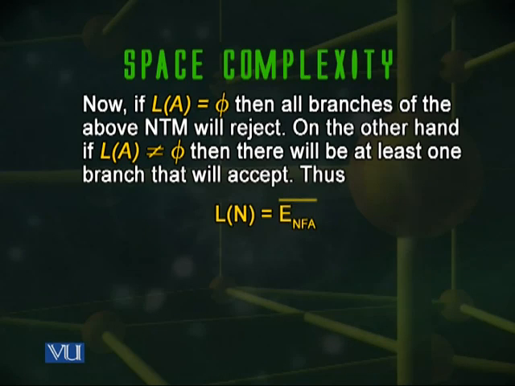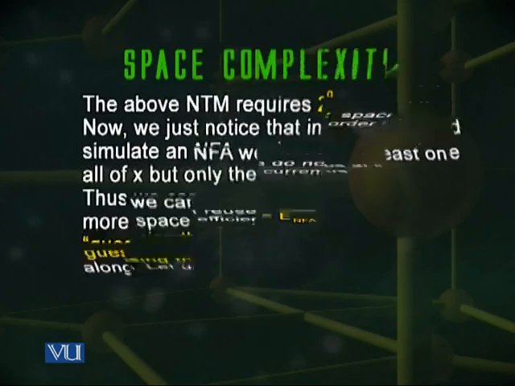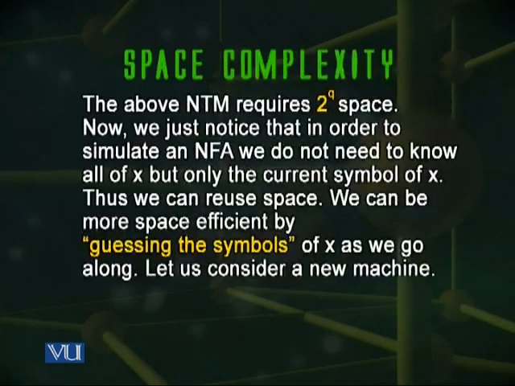Thus, the language of this non-deterministic Turing machine is the complement of ENFA. Now, let's see how much space it requires. It requires 2 to the Q space because it guesses the string X, which can have length up to 2 to the Q.